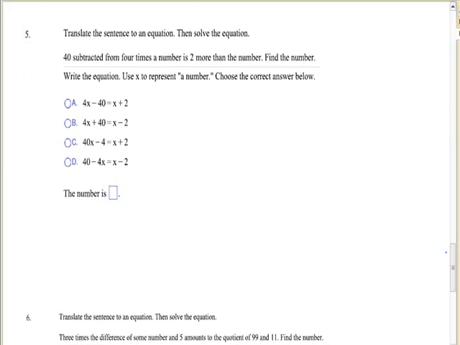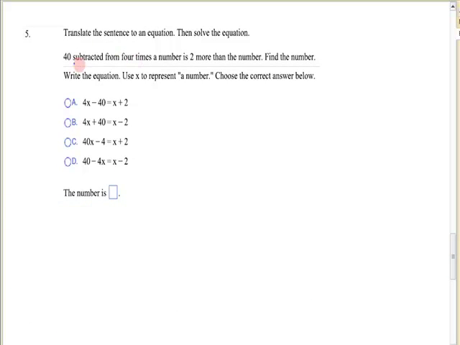All right, let's look at number 5. It says 40 subtracted from 4 times a number is 2 more than the number. So I'll let x be the number. All right, 40 subtracted from.